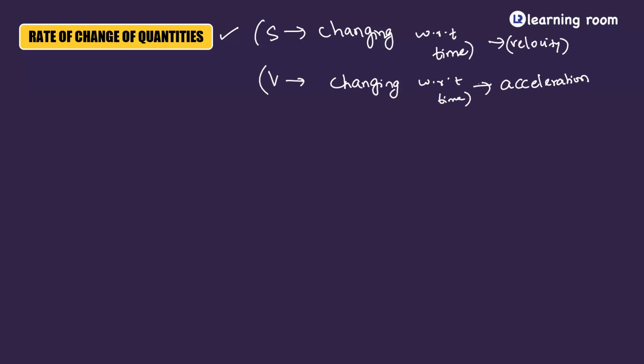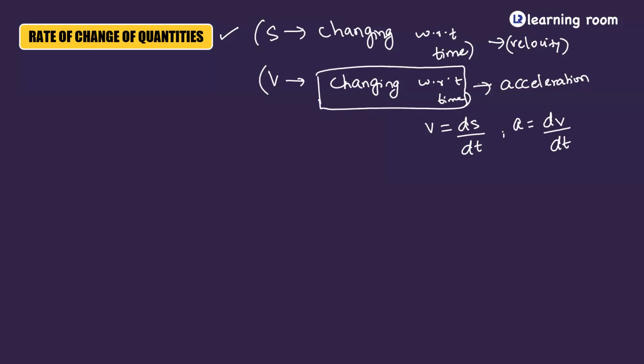Can I write v is equal to ds divided by dt? And a is written as dv by dt. This changing with respect to time, you can call it rate. So can I also call it rate of change of velocity, and rate of change of displacement?